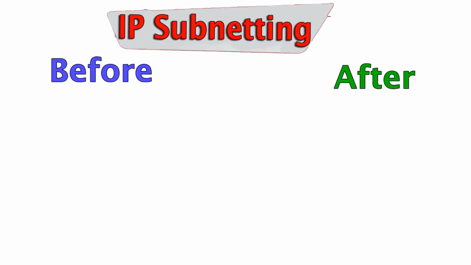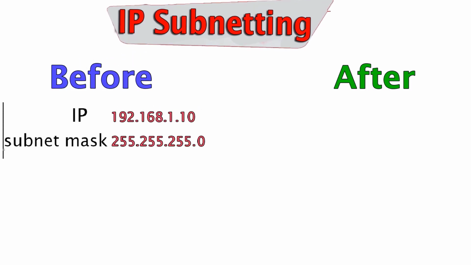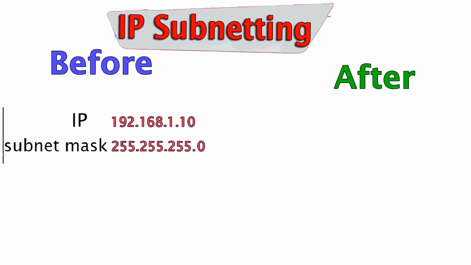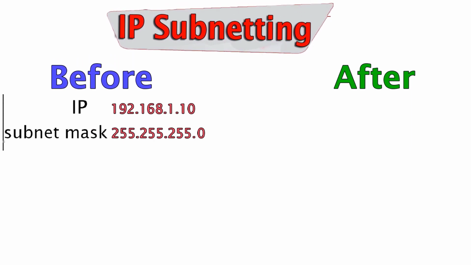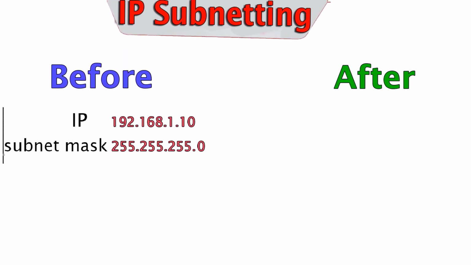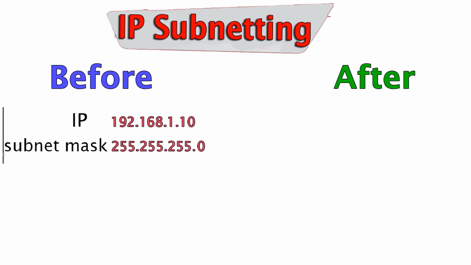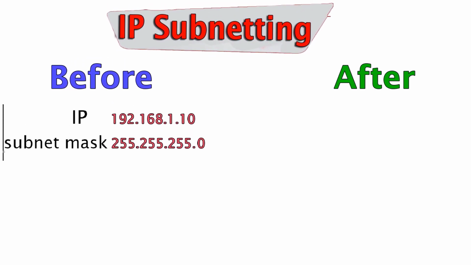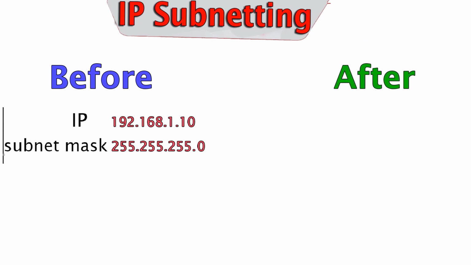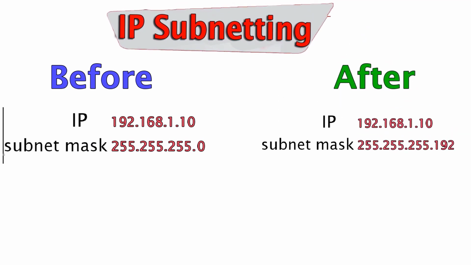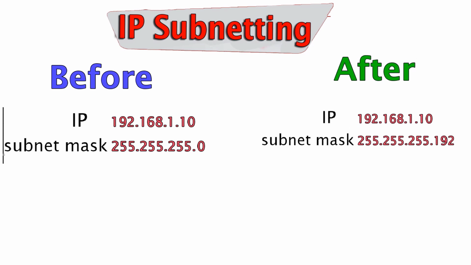The subnet mask is 255.255.255.192. Before we did subnetting, any device in the network that took an IP like 192.168.1.10 had the subnet mask 255.255.255.0, which means all Class C networks would be sent to it. But after we did subnetting, the subnet mask is 255.255.255.192.